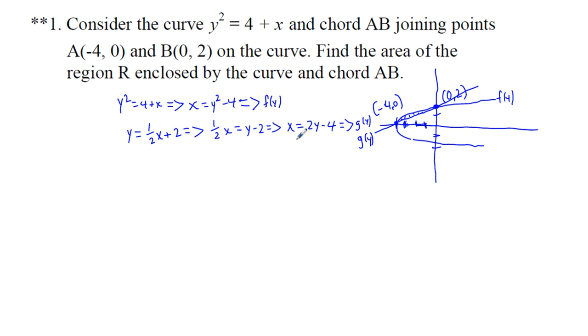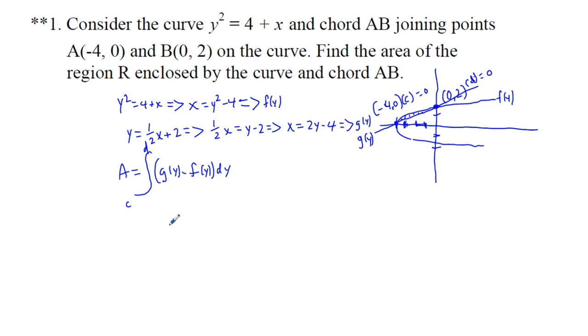So now the rule. By the way, we have these points right here. We're going to call them C and D. Actually, it's the y values. So C in this case is equal to 0, and D is equal to 2. So we have this integral from C to D. That's our area, right? From C to D, we have g of y minus f of y dy.